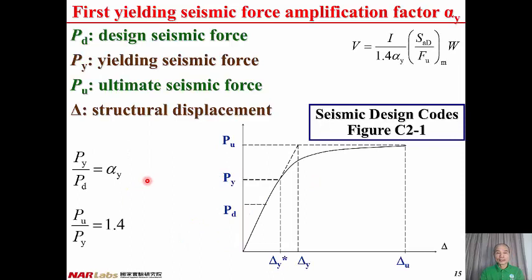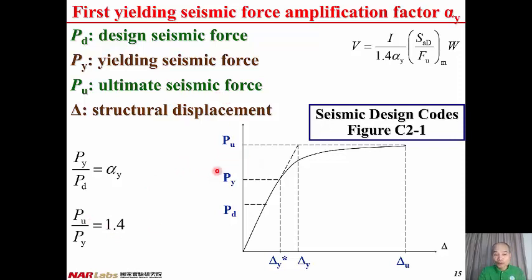And PD here is the design seismic force. After multiplied by alpha Y, PD multiplied by alpha Y becomes PY, the yielding seismic force. And if it is further multiplied by 1.4, it becomes PU, the ultimate seismic force.